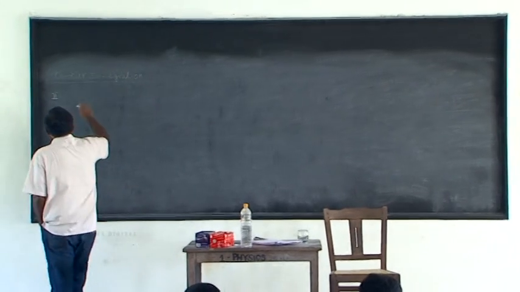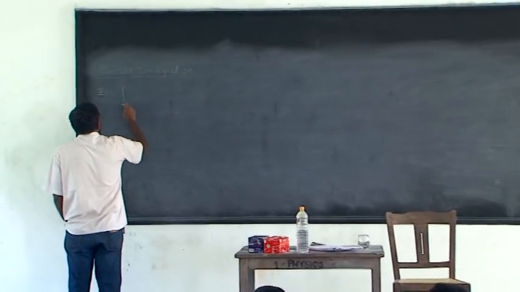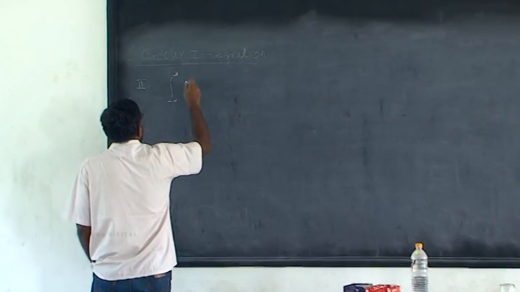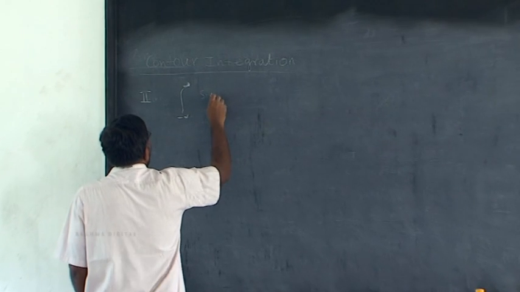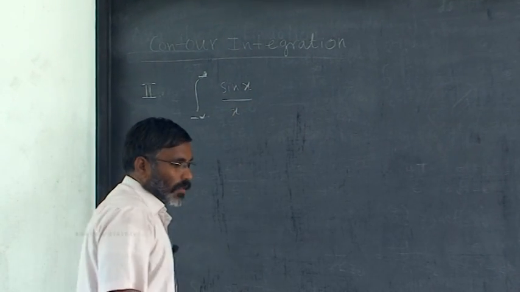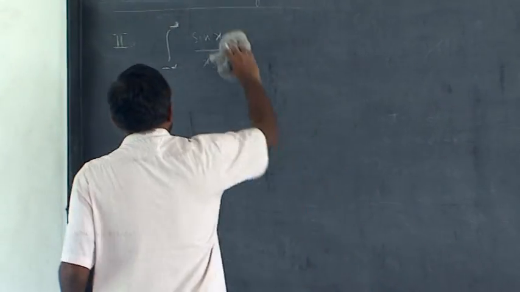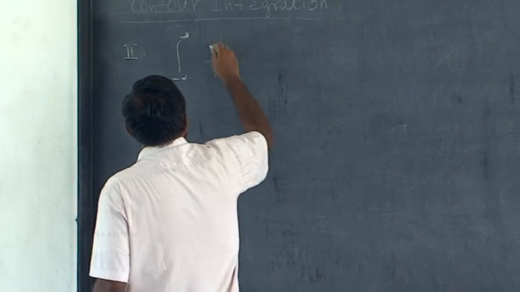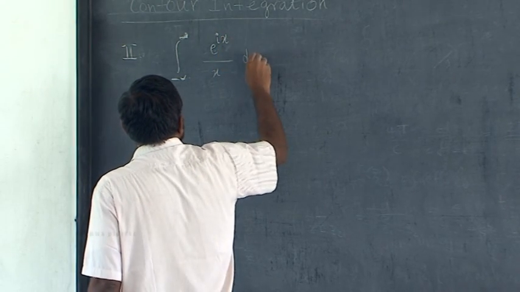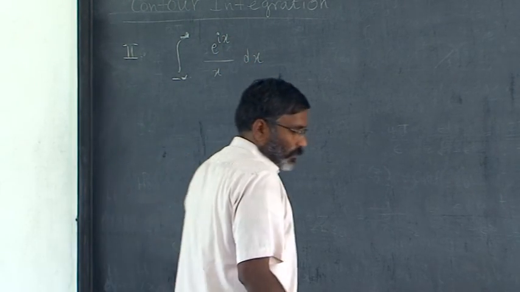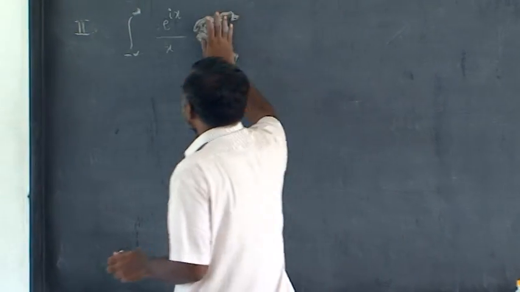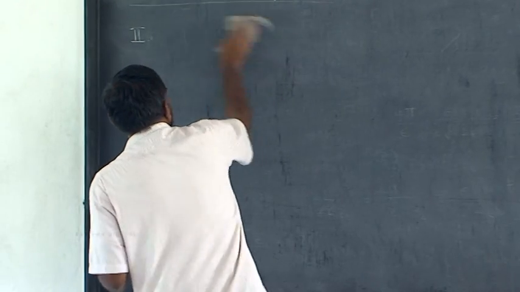For example, in particular I will talk about minus infinity to infinity sin x by x. Okay, in general I can write it as e to the power ix by x, or probably before that let me also start a simpler integral.